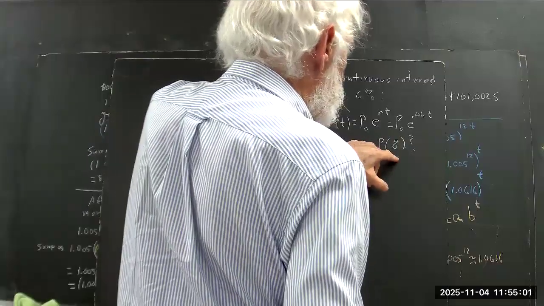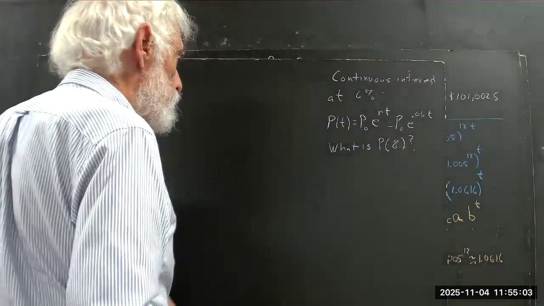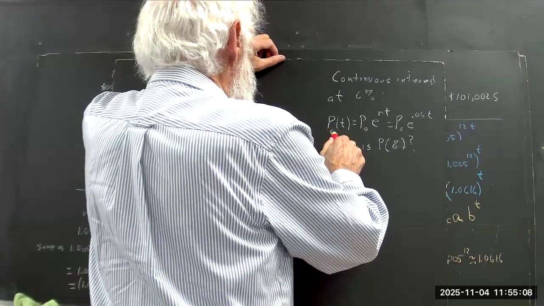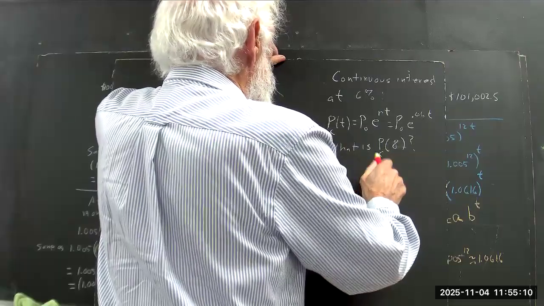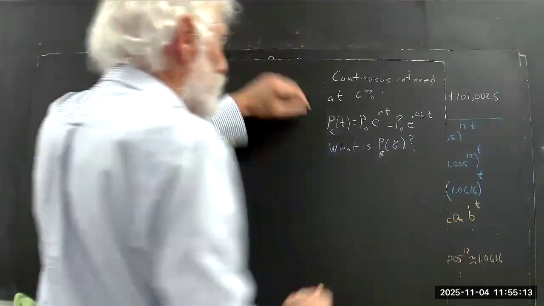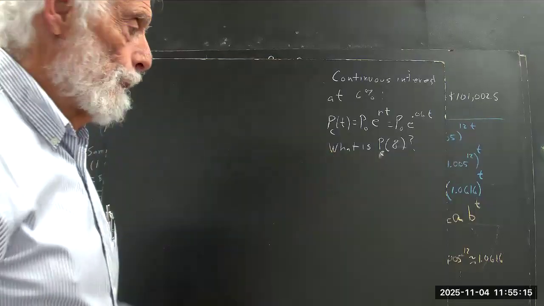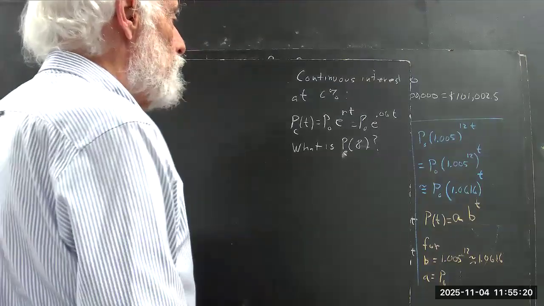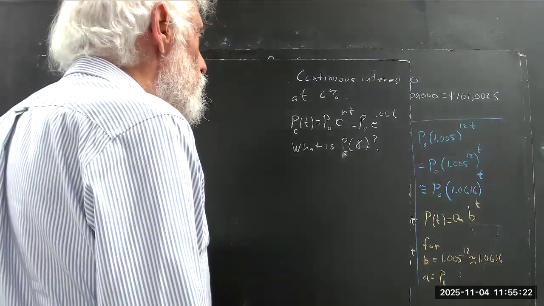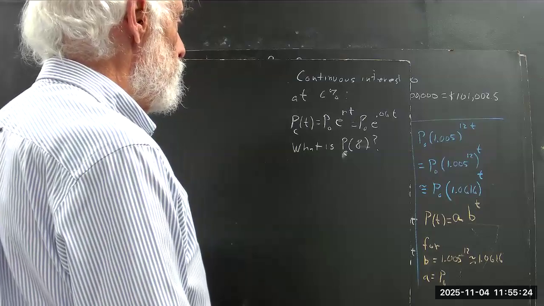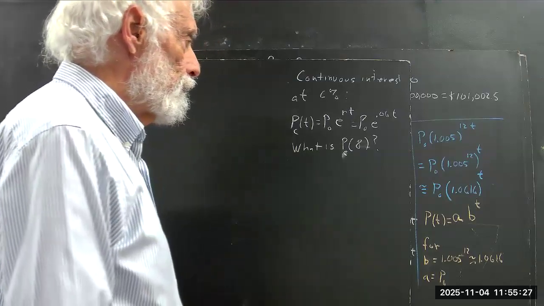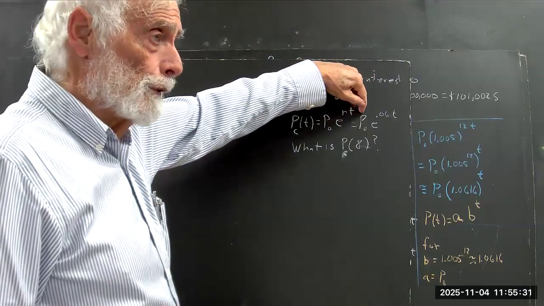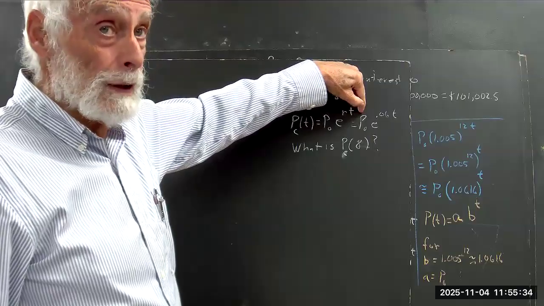So what is P of 8? And we'll call this P sub C for P continuous, and C means continuous. You don't have to substitute $100,000 for P naught. This will apply to any principal.